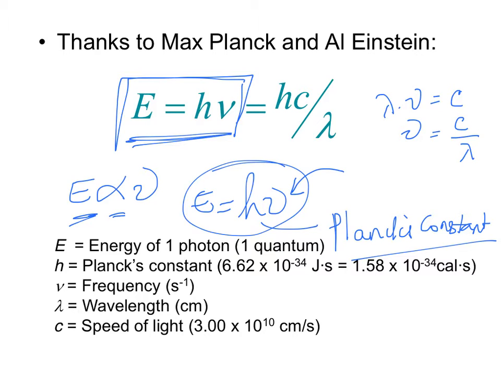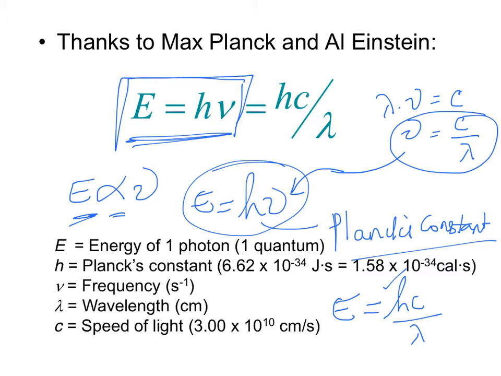And so you're replacing the value of nu, you're incorporating that into E, and your relationship for the energy of radiation starts to look like E is equal to hc over lambda. h is Planck's constant. c is a constant as well. What does that tell you? That tells you that energy is inversely proportional to lambda, to the wavelength. That means higher is the wavelength, lower is going to be the energy.